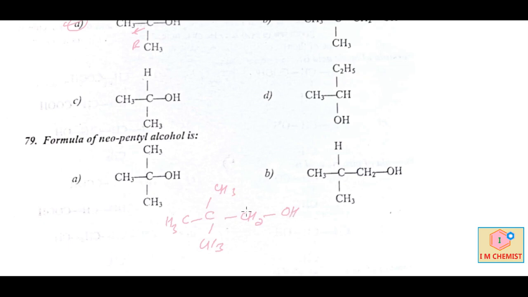So as you can see that we have 5 carbon atoms, 1, 2, 3, 4 and 5, hence it is pentyl, and it is called neo because it has 2 branches. This is the straight chain, while these are 2 branches, and at the end that is attached with OH, hence it is neopentyl alcohol.